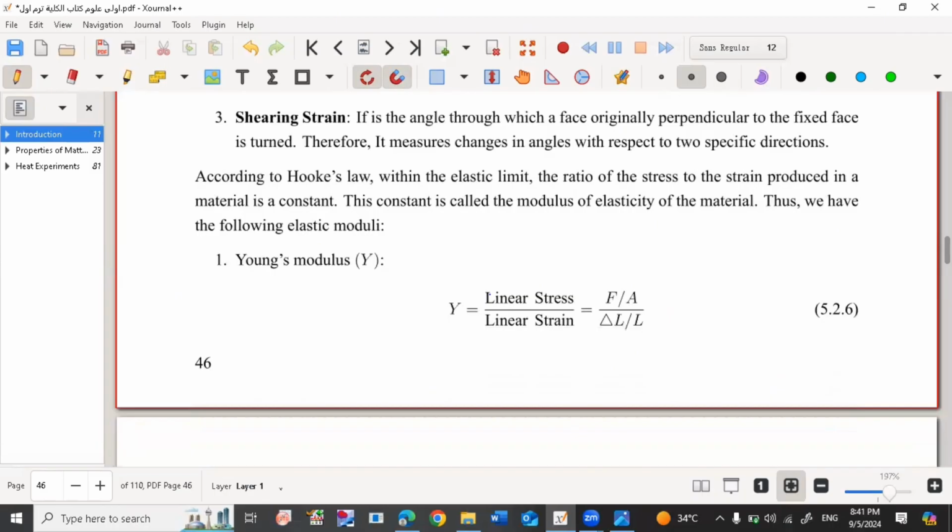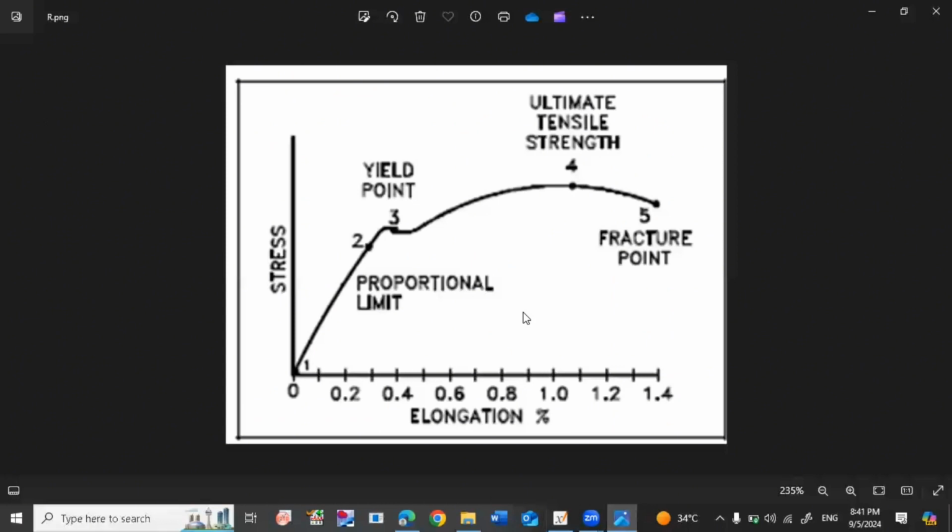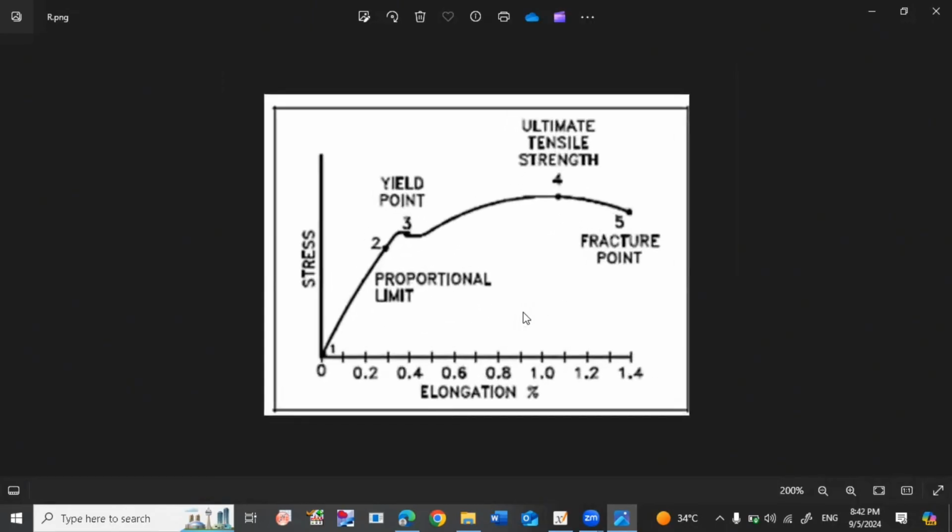So according to Hooke's law, within the elastic limit, and we are going to know what the elastic limit is now, the ratio of the stress to the strain produced in a material is a constant. So this law is actually right in the range of the proportional limit. Like here, if we are still between point A and point 2, this is the proportionality limit, or the proportional area.